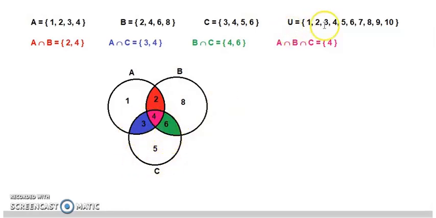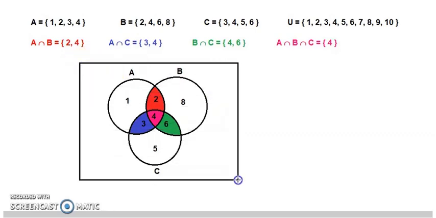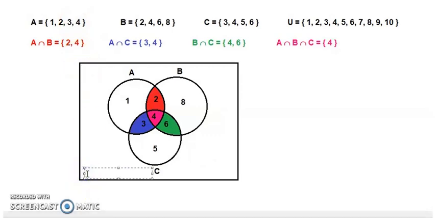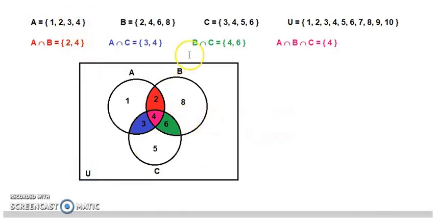Okay, now look at the universal set. We have 1, 2, 3, 4, 5, 6, 7, 8, 9, 10. Normally, how do we complete this Venn diagram? For the universal set, normally we do like this. So this is the universal set. Let's say I put U here, referring to the universal set. So we have 1, 2, 3 until 10, right? So 1, 2, 3, 4, 5, 6, 7.